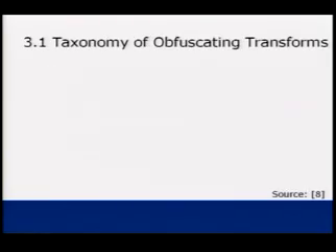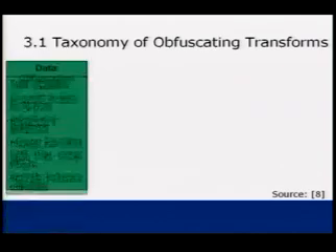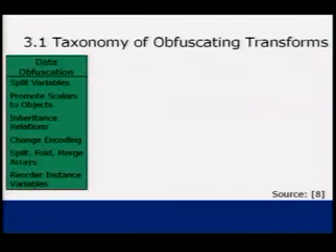Now, in terms of obfuscating transforms, so how do you change the code that's already there? You can change the data, you can split variables, int x equals 5 becomes 2 plus 3. You can promote scalars to objects, inheritance, split, merge arrays, and reorder instance variables.